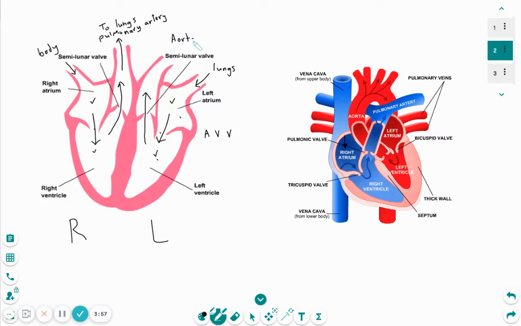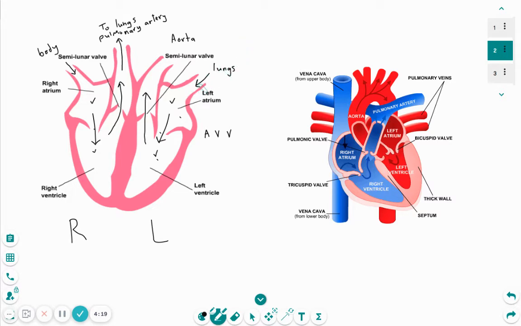So the pulmonary artery, anything to do with pulmonary is lungs. It's pumping blood to the lungs, and that blood, when it gets to the lungs, it's going to collect a new batch of oxygen. It's going to diffuse into the blood, and then once it's done that, it's going to make its way through the veins back this way.